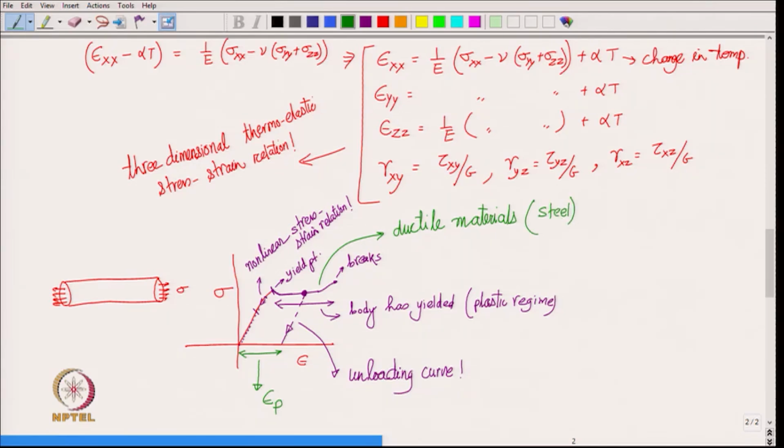But then we have also got something called brittle material, for example, glass. So, for brittle material, when you draw the stress strain relationship, it will simply be linear, and then at one point it simply cracks, there is no yielding for brittle material.